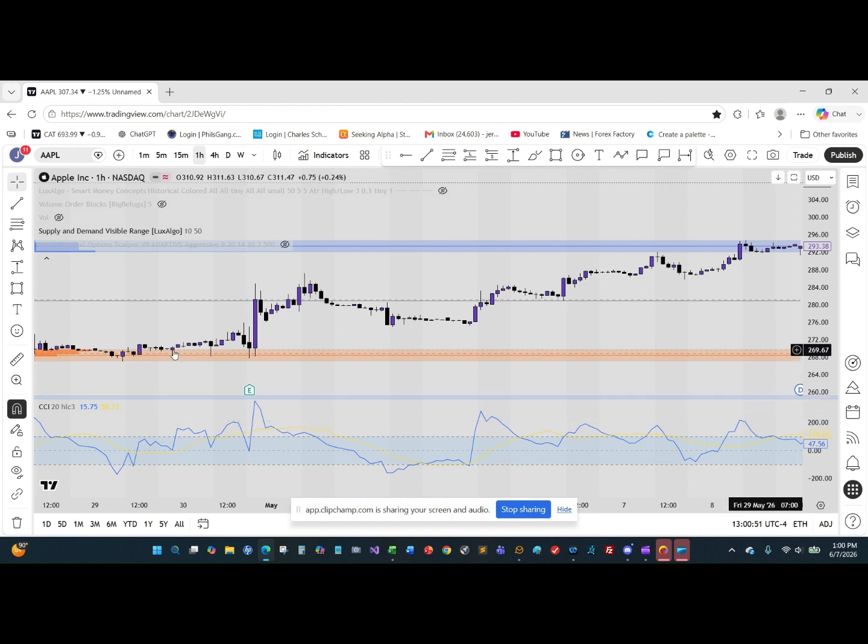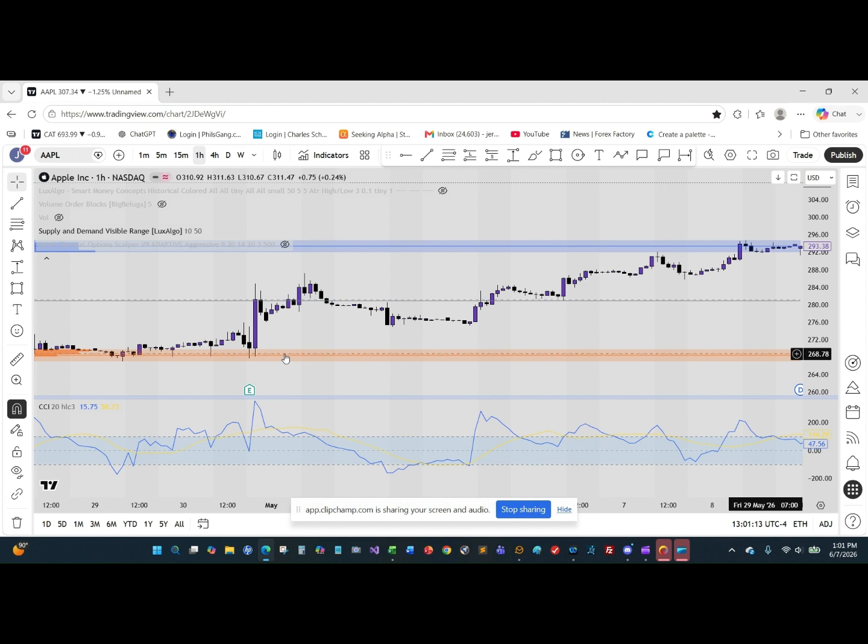So when you're looking at this candle, which is coming up off of this, now let me explain these indicators. This top one is showing you two zones, a supply zone at the top and a demand zone on the bottom. That's what they call them.